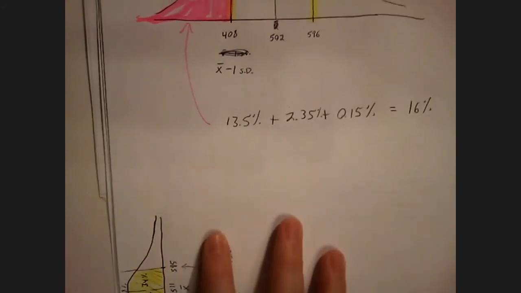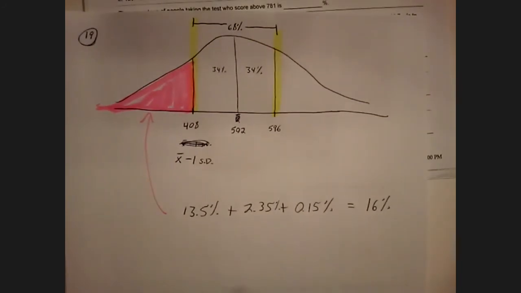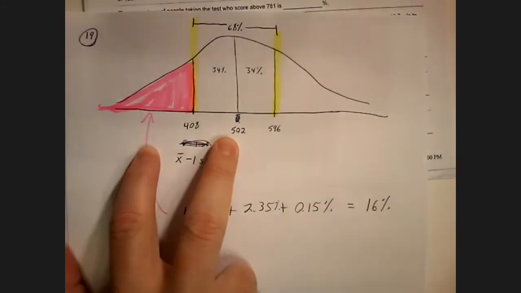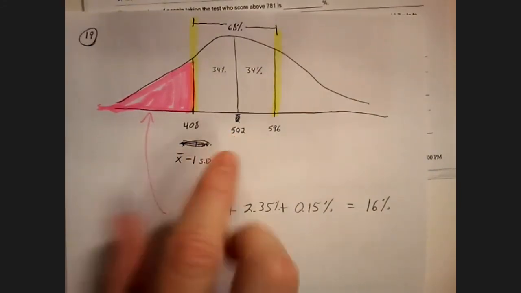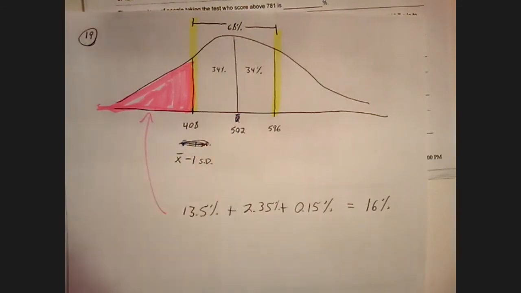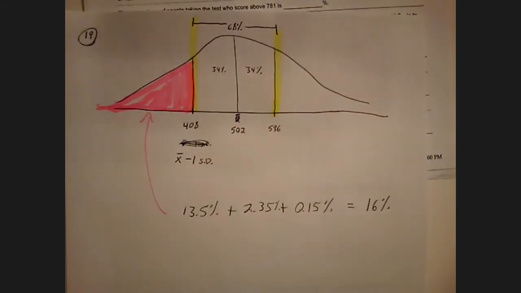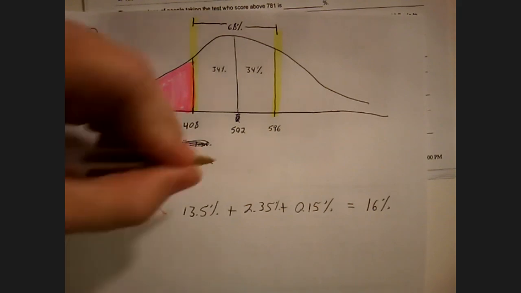Now, that's one way to do it. I could have recognized that everything from the mean to the left is 50%. I could have done 50% minus 34% and gotten 16. Okay.